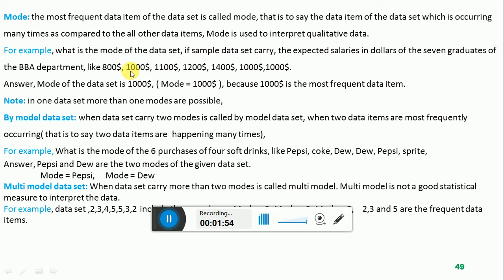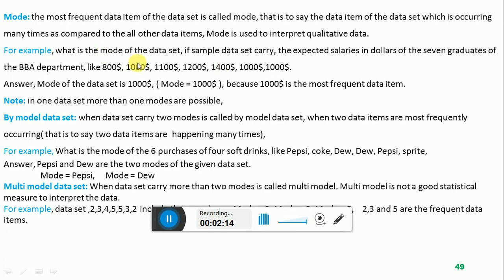Now the question is this: what is the mode of this data set? This is the data set in front of you, students. $800 expectation, $1,000 expectation, $1,100, $1,200, $1,400, $1,000, again $1,000.